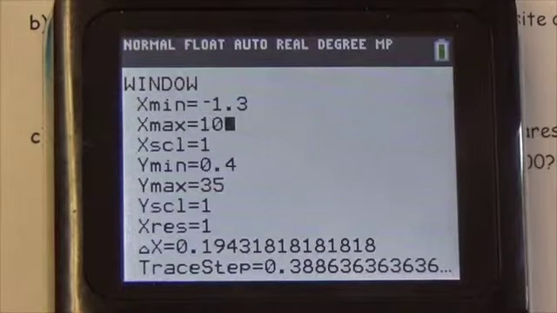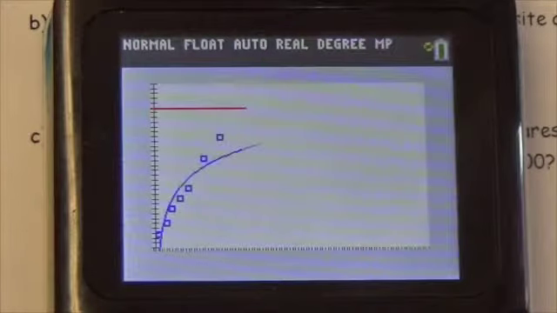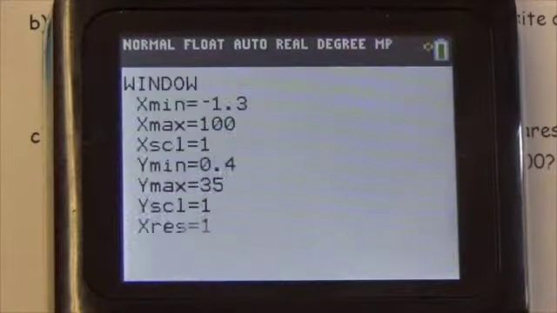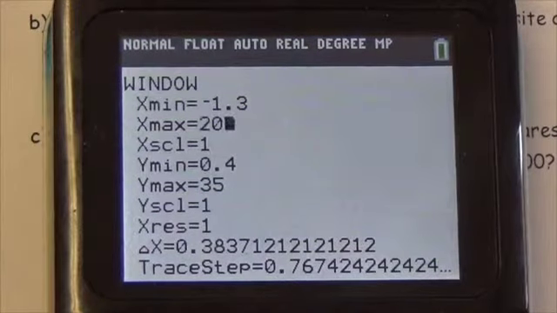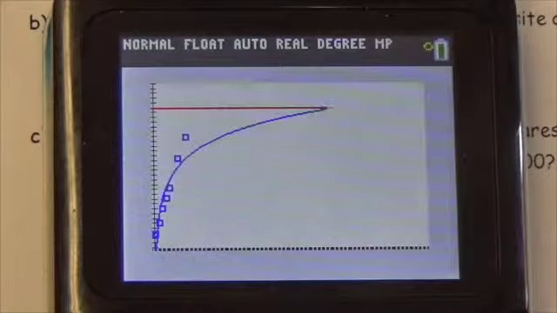Let's make this 100. Okay, that's still not doing it. Let's go back to Window. Let's make that 200. Let's just go for the gusto here. Here we go. That's got a cross there. And there it is, we finally got a cross there.